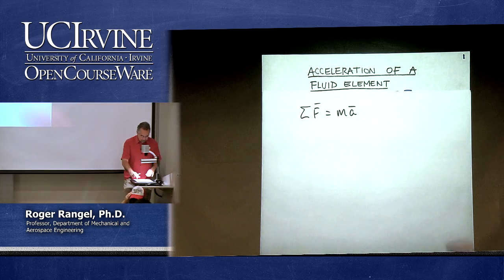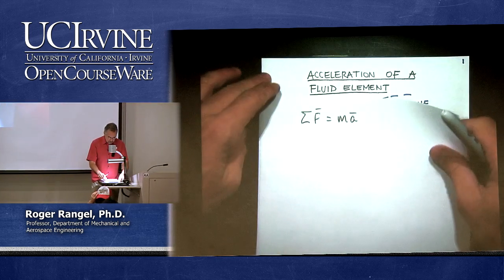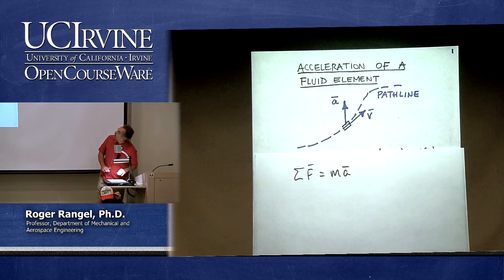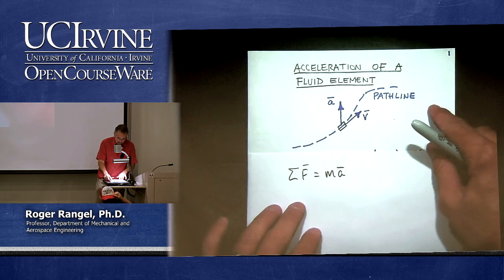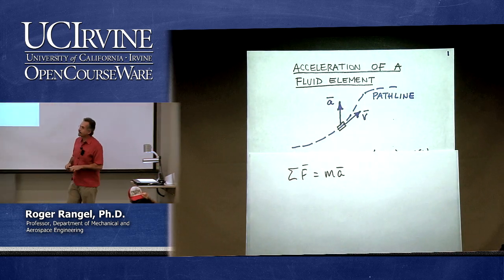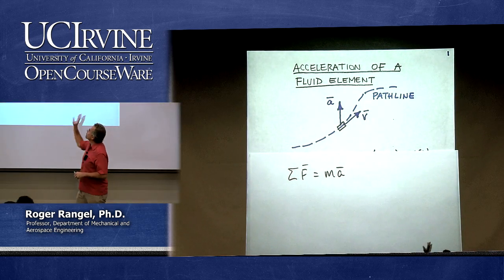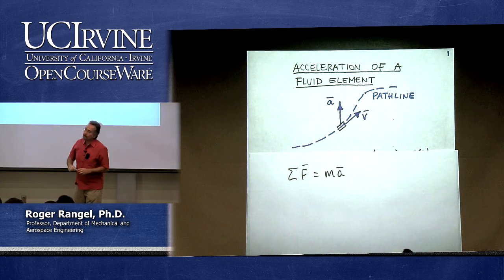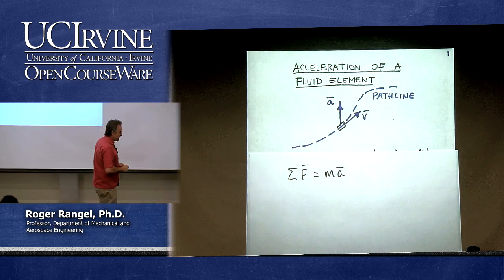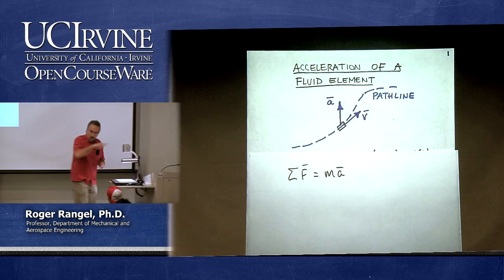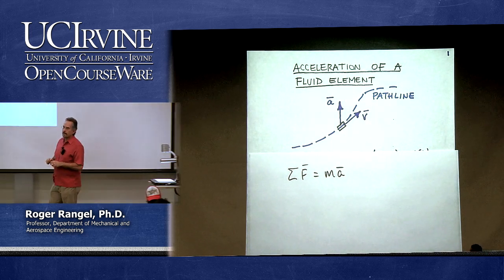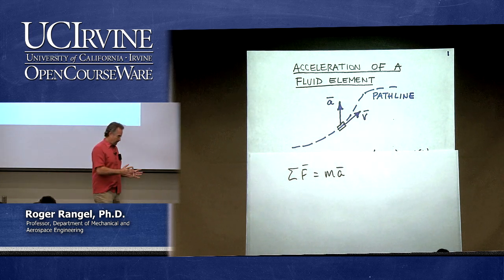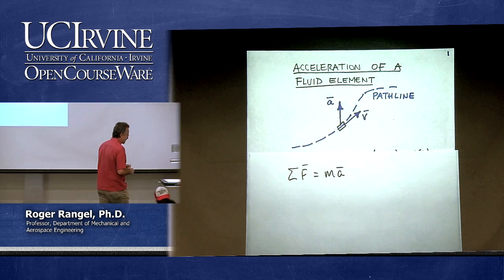So let's do that. There is a schematic showing a path line. This is a flow field that happens to be a path line, meaning that there is that particle there that I drew like a little black rectangle that is following its path. And I know that Newton's second law applies to such an object.